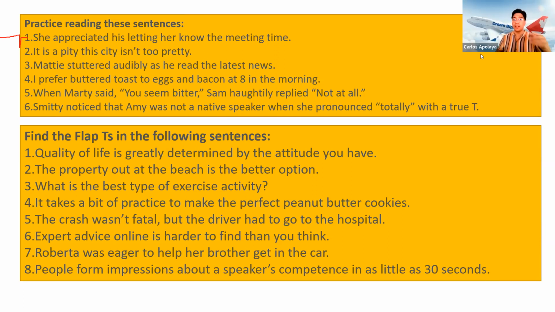Okay, so remember with me, because you say "she" relaxed, but "appreciate it," so "appreciated." She appreciated. Look at my rhythm, listen to me. She appreciated. I sound like a native, but I'm not native.